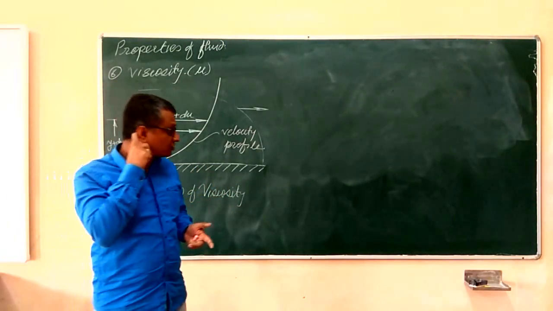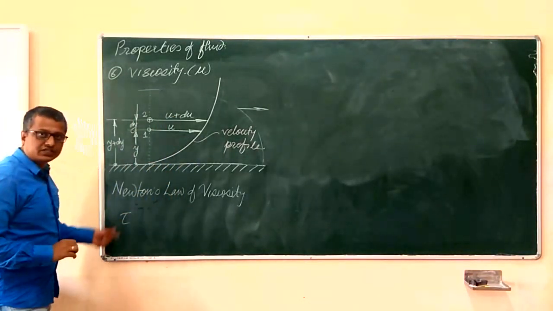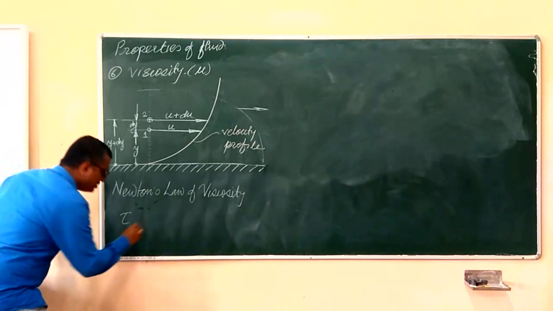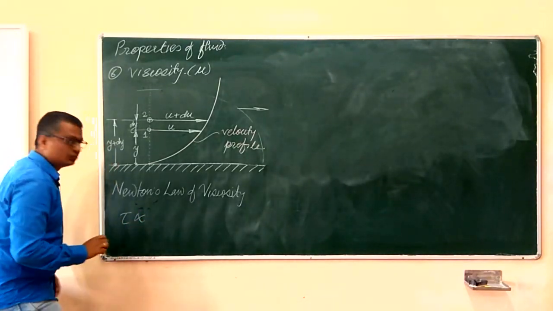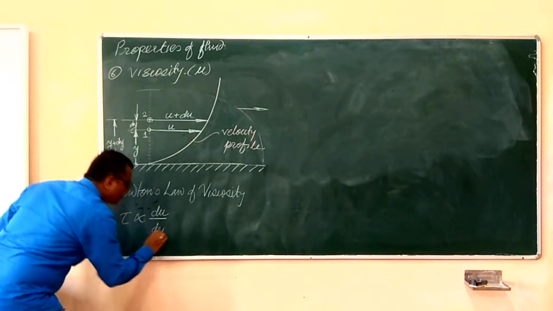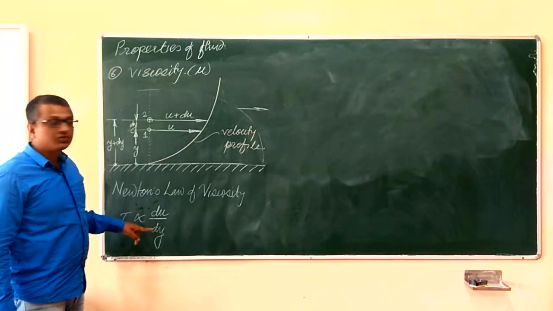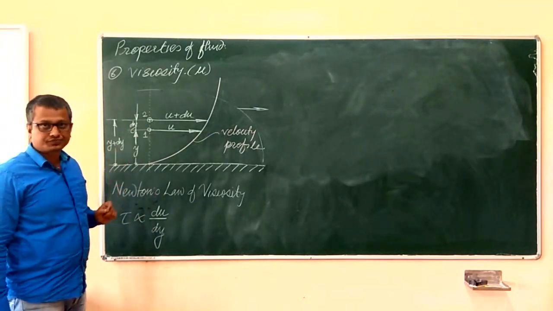So for a streamline or laminar fluid flow, the shear stress acting onto the various fluid layers is found to be directly proportional to the velocity gradient, that is du by dy. Hope you remember what this term du by dy means. It is the velocity gradient of the fluid flow.